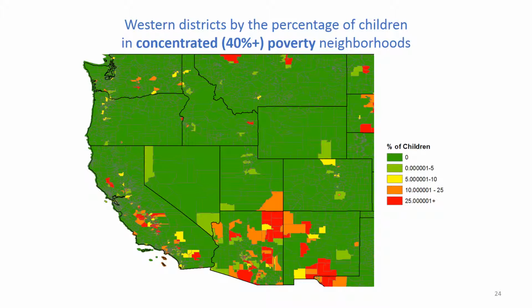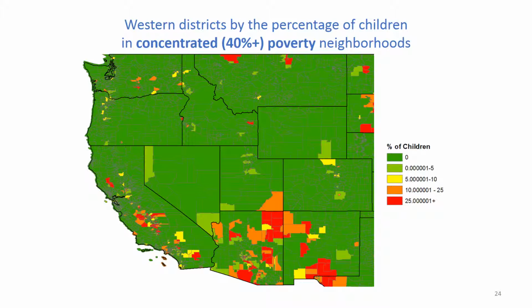If we were going to look just at those students who were actually attending school within the school district, we would probably see even higher percentages of children living in neighborhoods of concentrated poverty, because we would expect that students who are relatively well off would be more likely to be attending private schools.